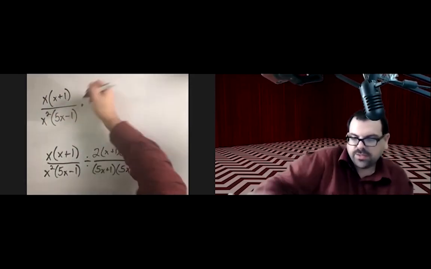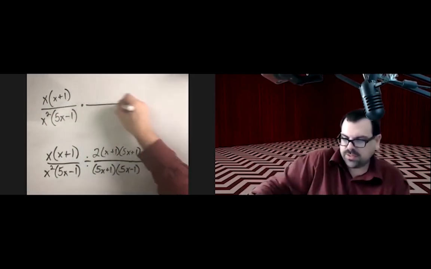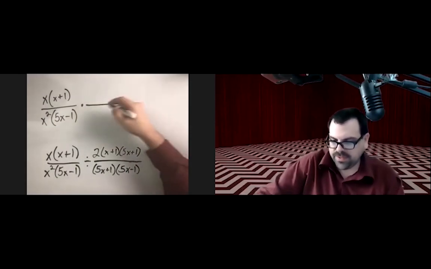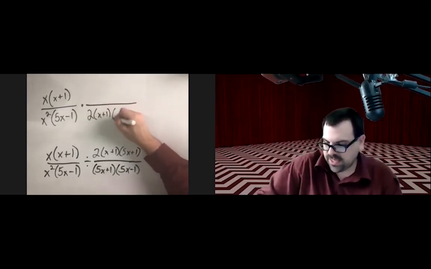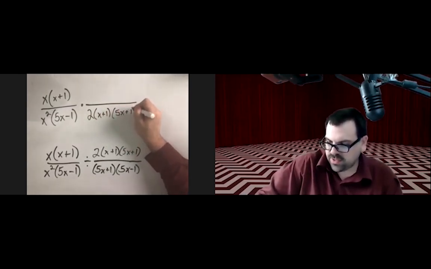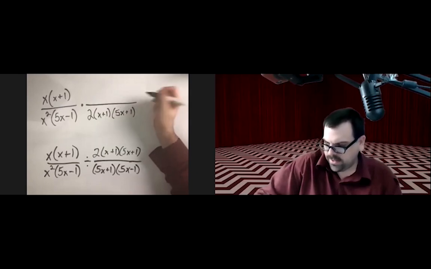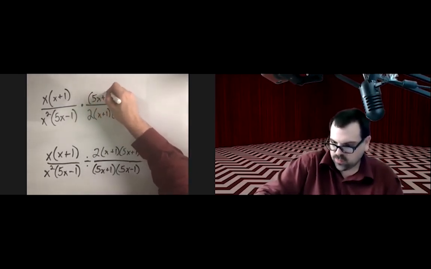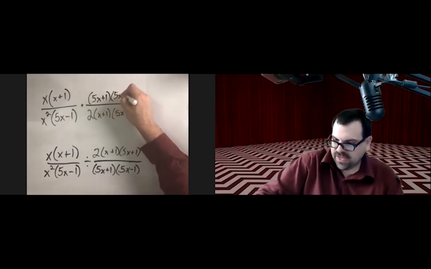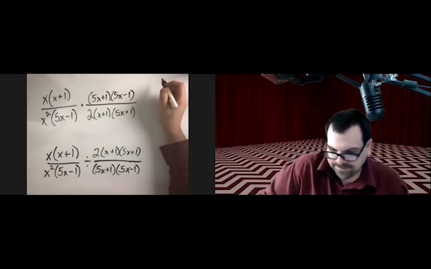Change division to multiplication. Flip the second one. So the 2 times the x plus 1 times the 5x plus 1 is on the bottom. The 5x plus 1 times 5x minus 1 is on the top.